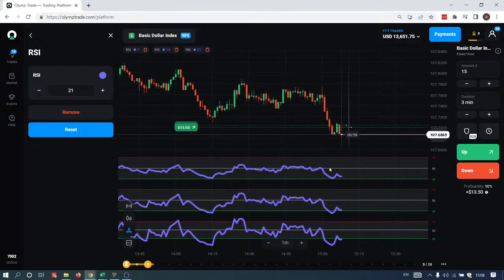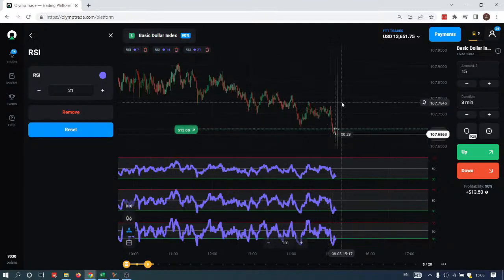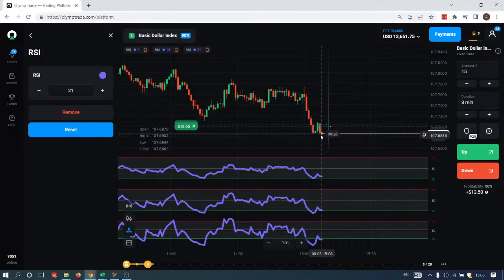So the 30 line and the 70 line are indicators of the overbought area above 70 and the oversold area below 30. So basically we have two main areas or phases of price where we need to pay more attention. When the price goes below 30 or above 70, that's a signal for an up trade or down trade.